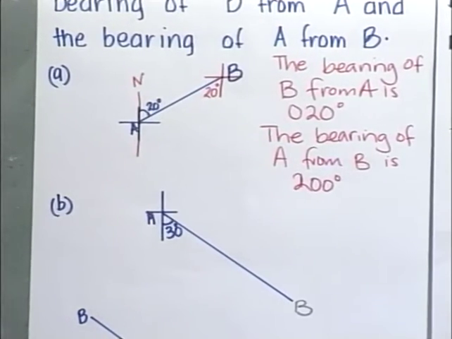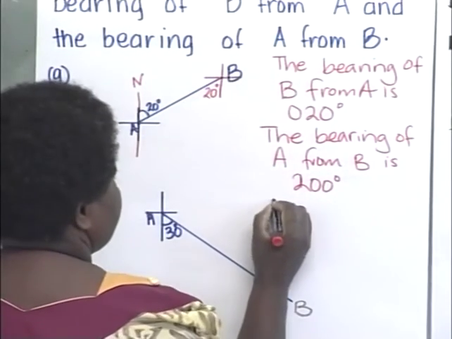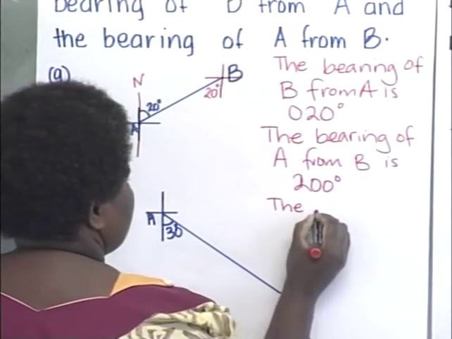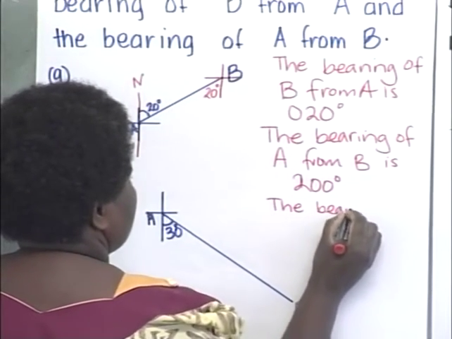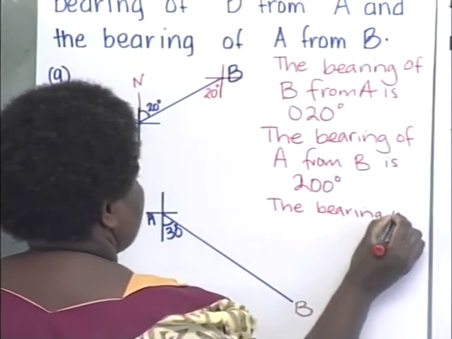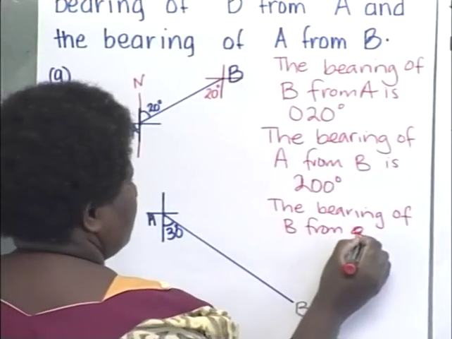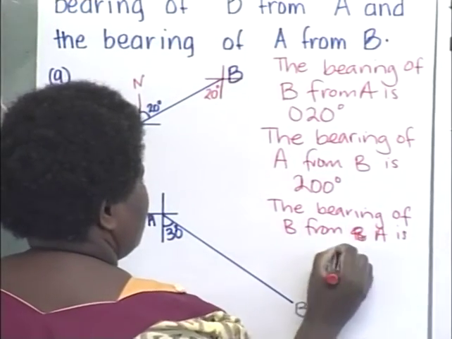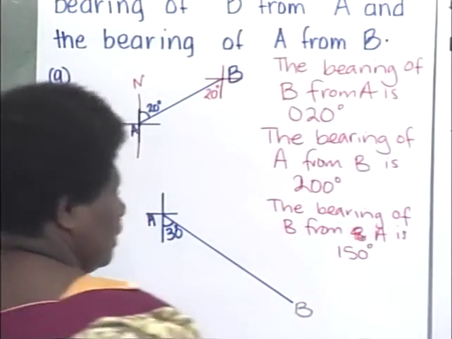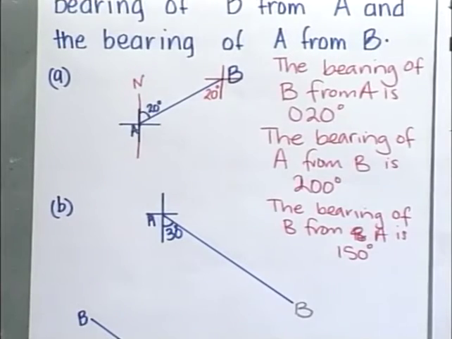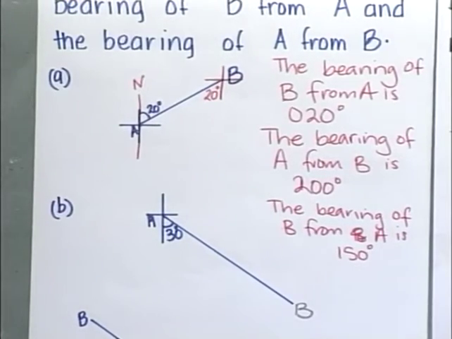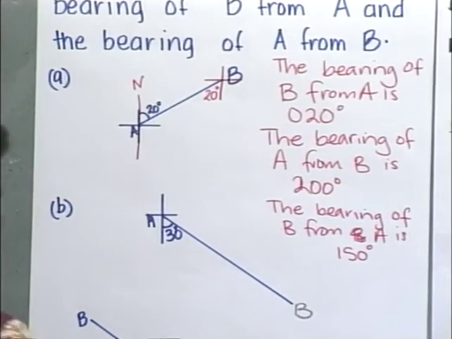Anyone? Daniel? 150 degrees. Are you sure it's 150 degrees? Okay, it's 180 take away 30 degrees.